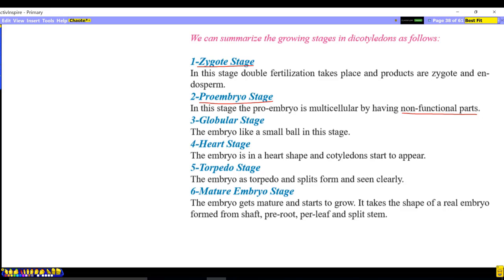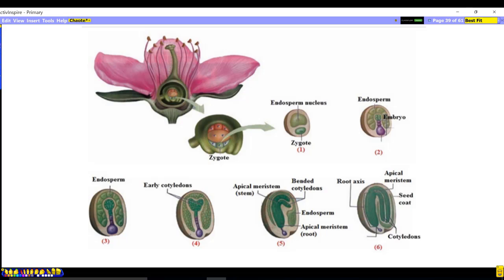Then the number of cells increases and the embryo changes into a ball shape. This ball-shaped embryo we call the globular stage, because the name of the embryo depends on its shape. In the next stage, the heart stage, the embryo looks like a heart.